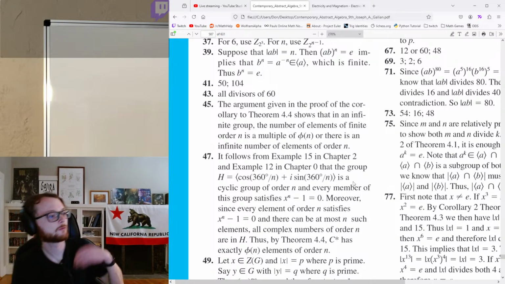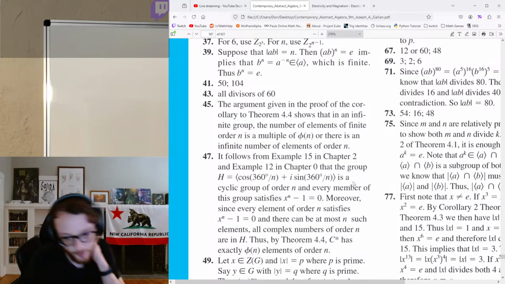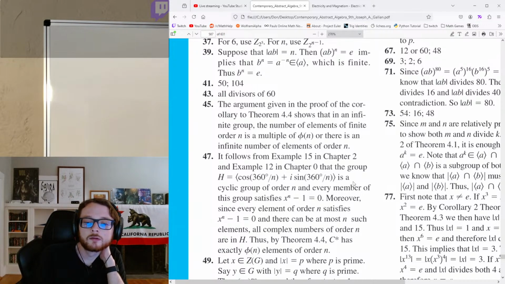I don't get how C star gets to use... Like, H is a cyclic group, but C star isn't cyclic. I'm guessing maybe I shouldn't be stuck on cyclic things.